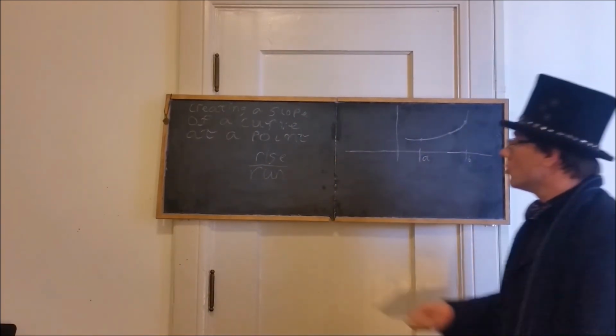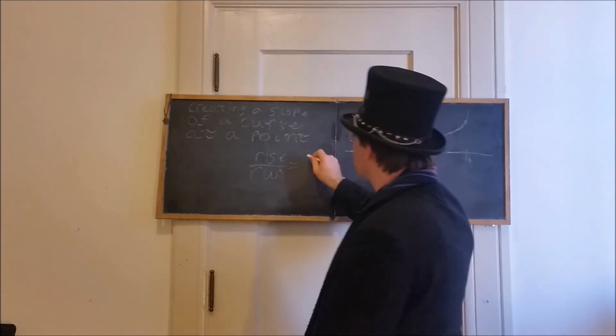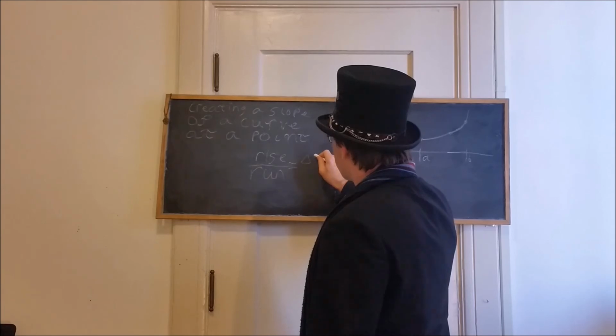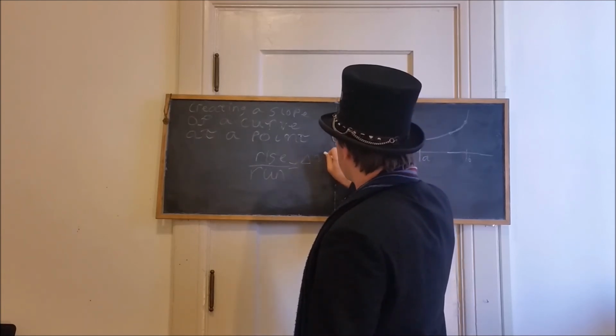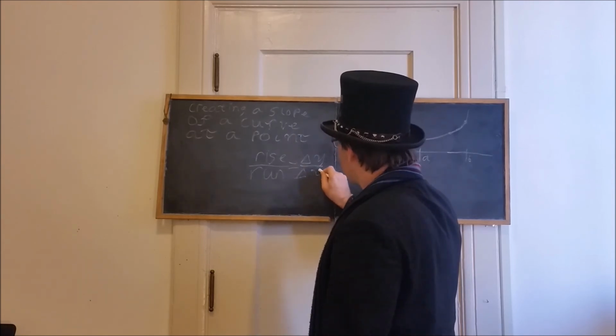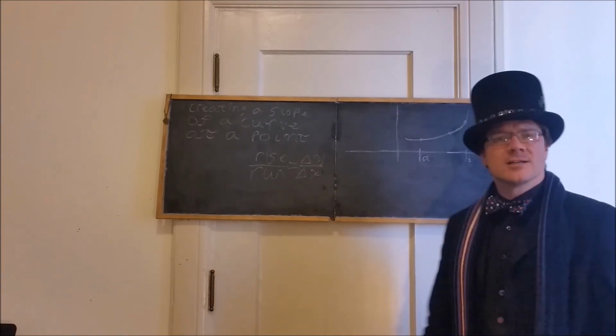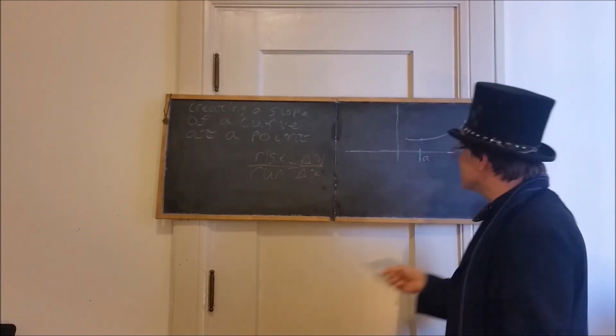Rise over run, or you can also call it, in more mathematical terms, delta y over delta x. So that's a better interpretation of what a slope is.